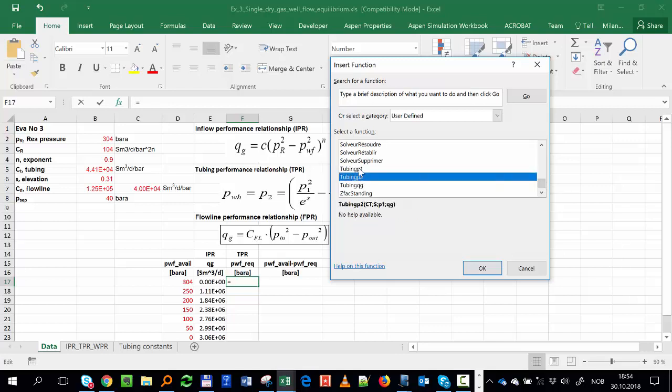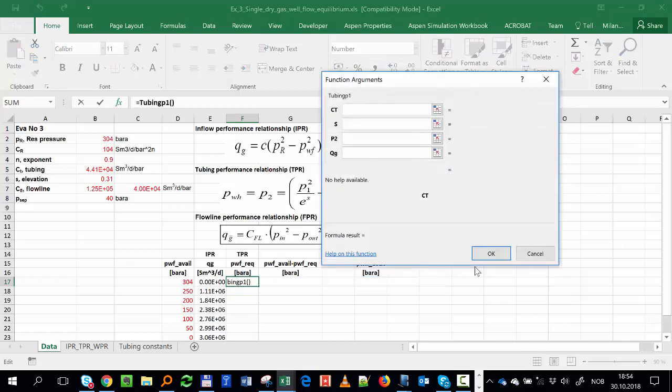Okay, I want the pressure at the inlet of the tubing. CT, which is this number here, and I have to block it with a 4. S, the elevation coefficient, and I have to block it. P2, the pressure at the wellhead, which is similar to the pressure at the separator.